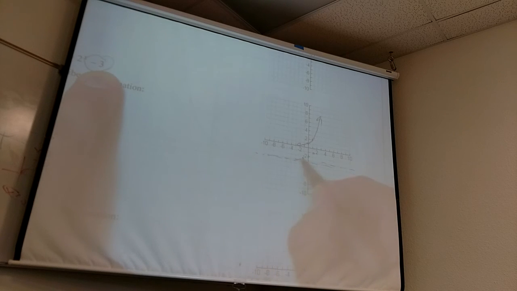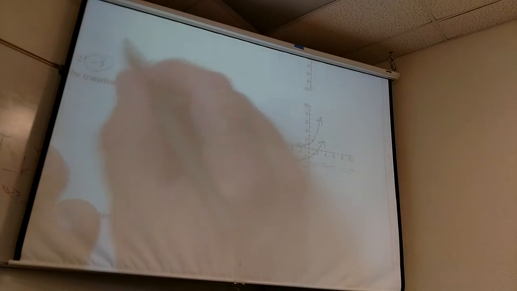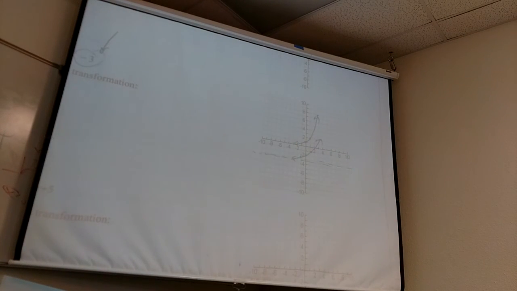This is page 239. It's a calculator activity, but I said screw it. This is the idea that no matter what the function is, if I put -3 next to it, it's just going to pick it up and move it down 3.